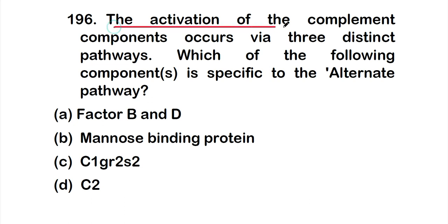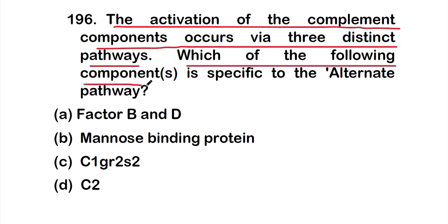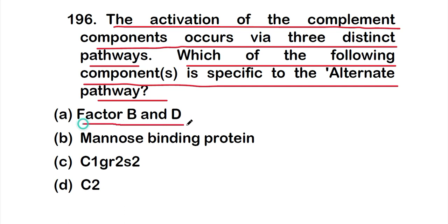So the activation of the complement components occurs via three distinct pathways. So which of the following components is specific to the alternate pathway of complement system? And the options are: option A, factor B and factor D; or option B, mannose binding protein; or option C, C1q r2 s2; or option D, C2.